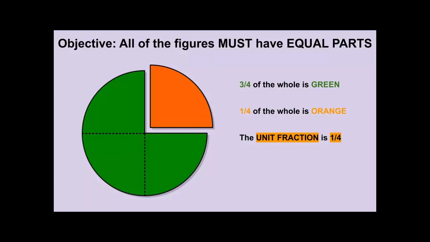Once again, the unit fraction will have a 1 as the numerator, and the total number of sections as the denominator. The unit fraction for this circle is, if you said 1/4, you are correct.